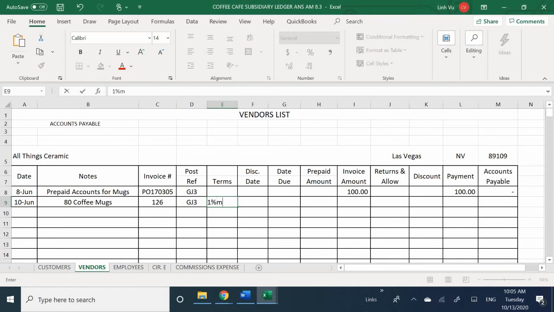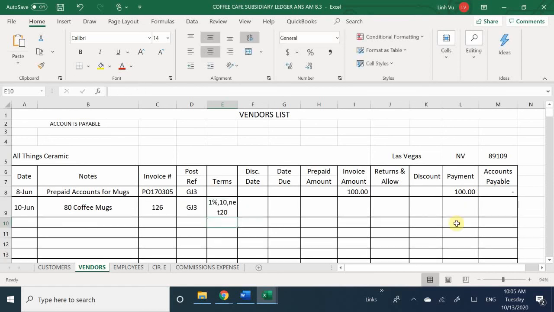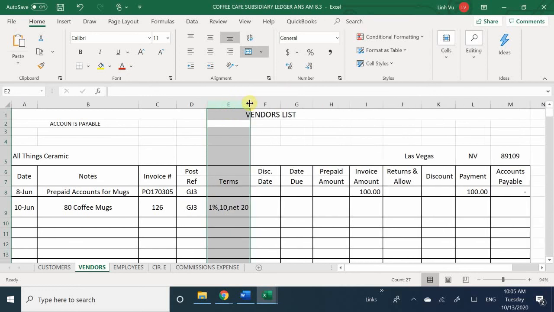So I'm going to write 1%, 10, comma, net 20. Okay? Net 20. Okay, and I'm going to expand this so it looks better.